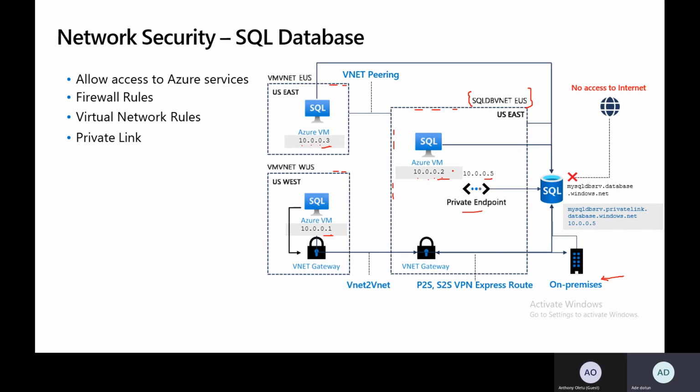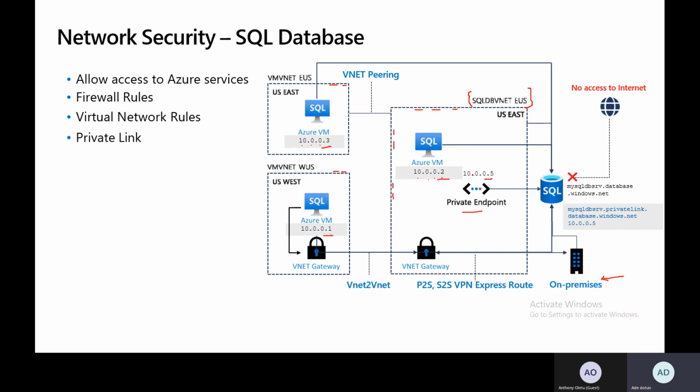So this VM is here, this VM is here. Inside this virtual network, there is a virtual gateway. Because there's a virtual gateway, nothing should go out without this gateway.